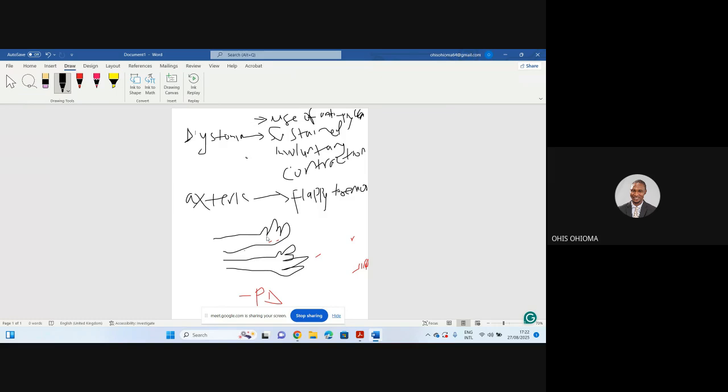Now, because of the accumulation of byproducts in the brain, such as ammonia and the likes, the patient has a temporary loss of tone. The reason the patient is able to dorsiflex his hand and sustain it is because there's tone there. So the patient briefly loses this tone, and then the hand comes down.